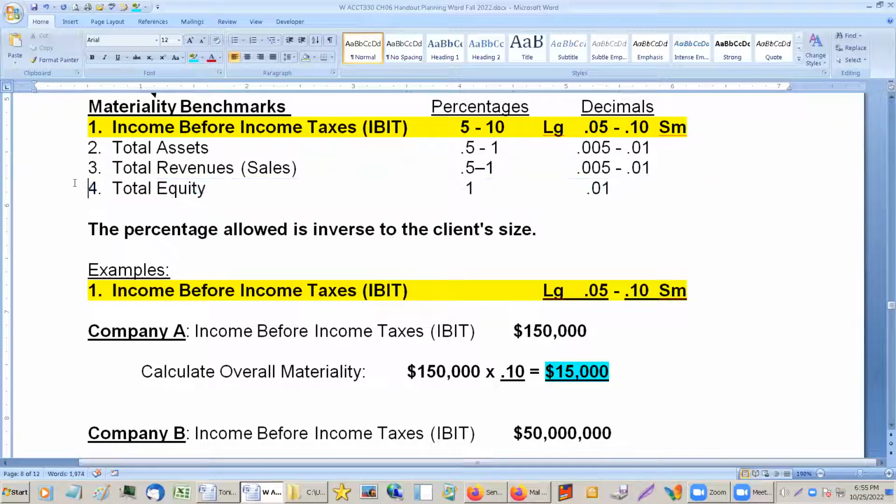I think total equity is a bit different, I copied this out of the book. But yes, there usually is a range of them, and sometimes the range is pretty significant. I've seen rules of thumb that were 0.5% up to 10%. If you're Walmart, you're going to get the 0.5%, because 0.5% of billions is a lot of money.